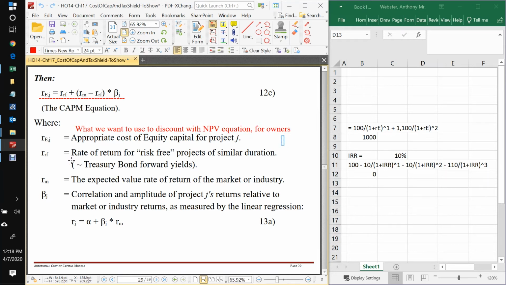And R_RF is the same R_RF that it's always been for us. It's the rate of return for risk-free projects of similar duration, which we're going to measure. We've always been measuring risk-free rates by treasury bonds, so we'll continue to do that. So I'll just put here same as usual.